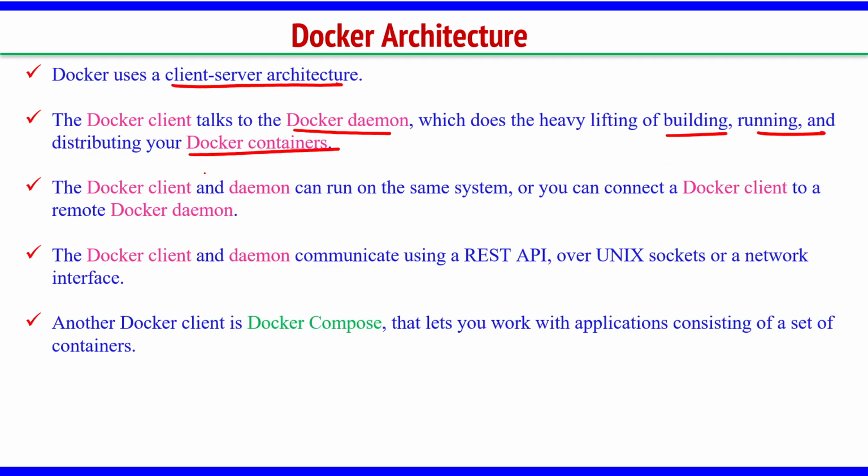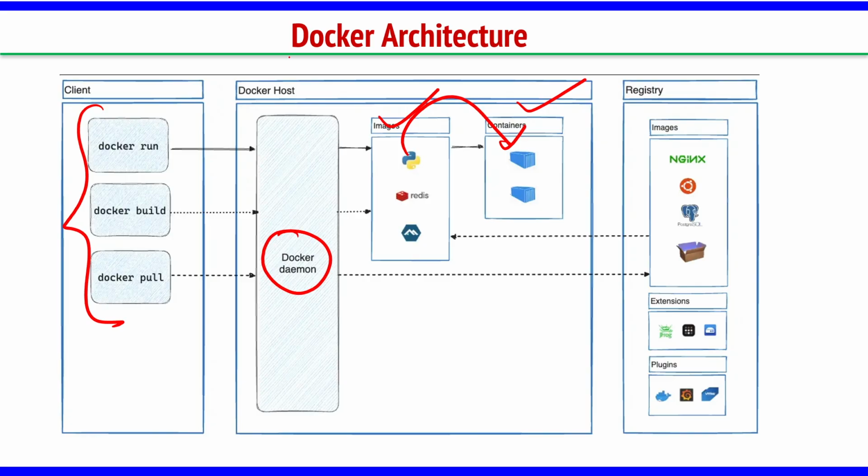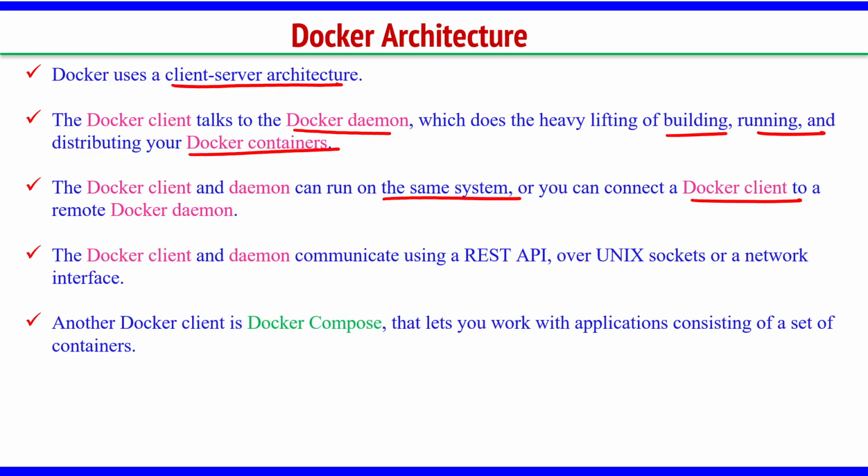The Docker client and daemon can run on the same system, or you can connect a Docker client to a remote Docker daemon. The Docker software could be on any operating system or any machine. The client could be anybody, you or me, from anywhere we can access Docker.